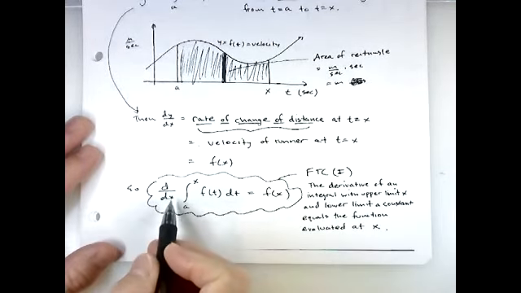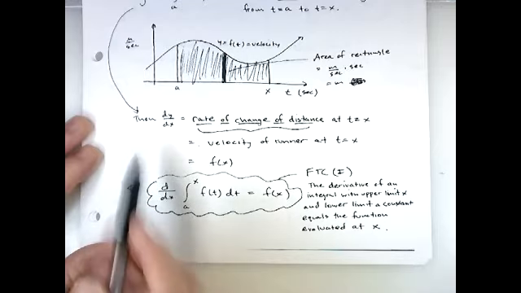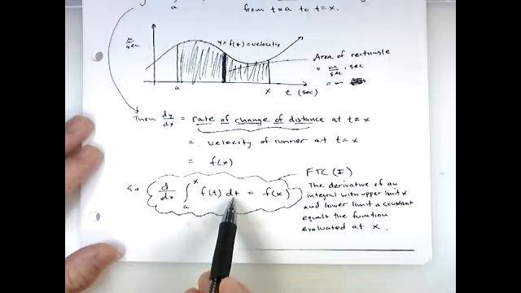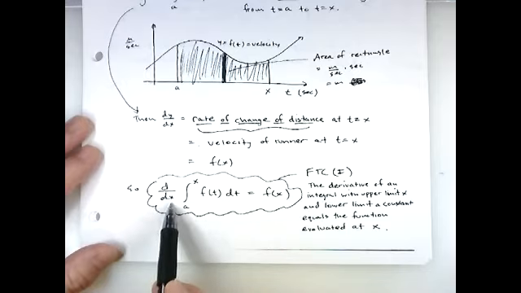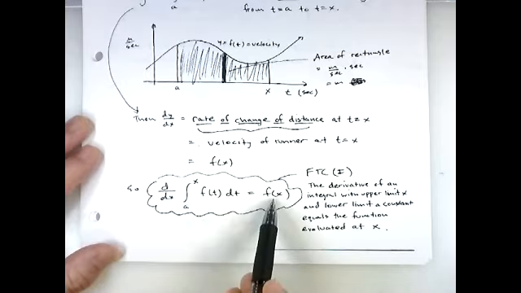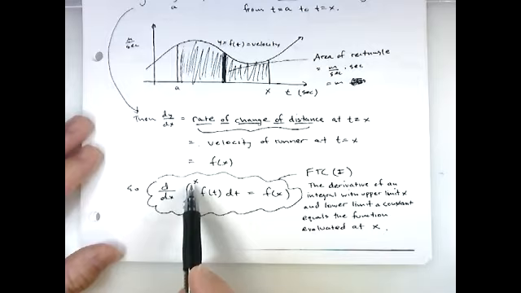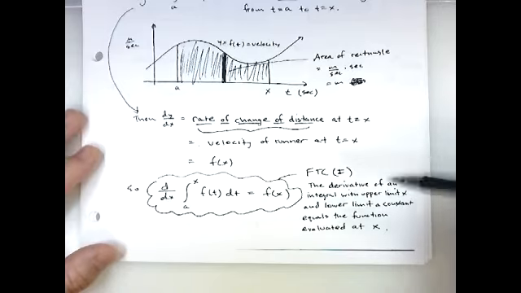So what this is saying then is if you take the derivative of this definite integral, the integral from a to x of f of t dt, taking the derivative of that with respect to x, it's just going to be f of x. It's just going to be this function evaluated at your upper limit x. That's the fundamental theorem of calculus.